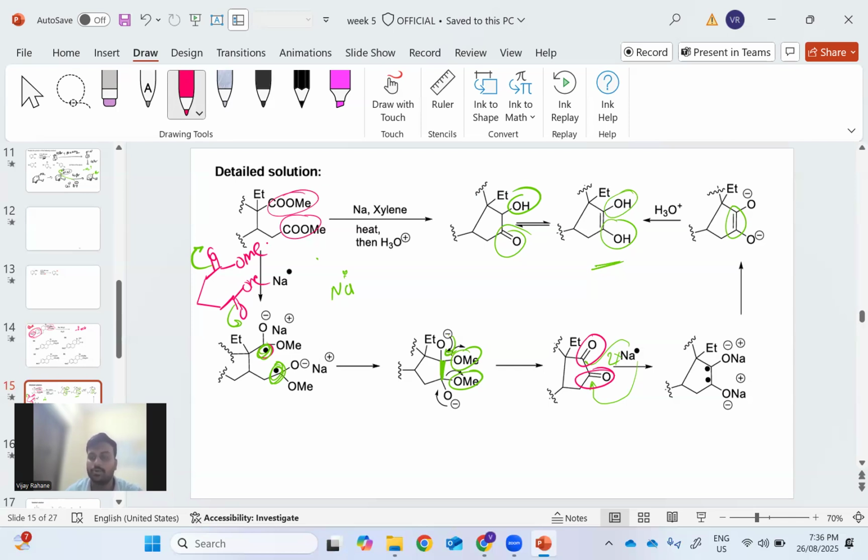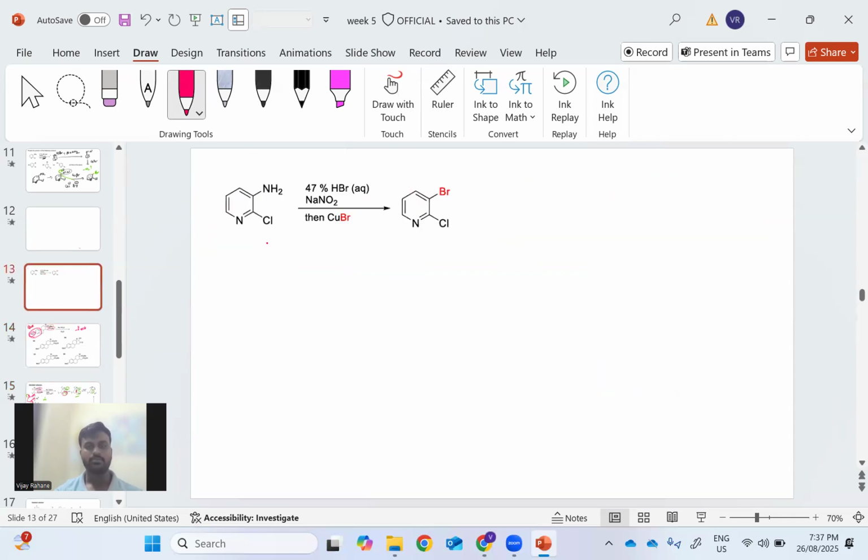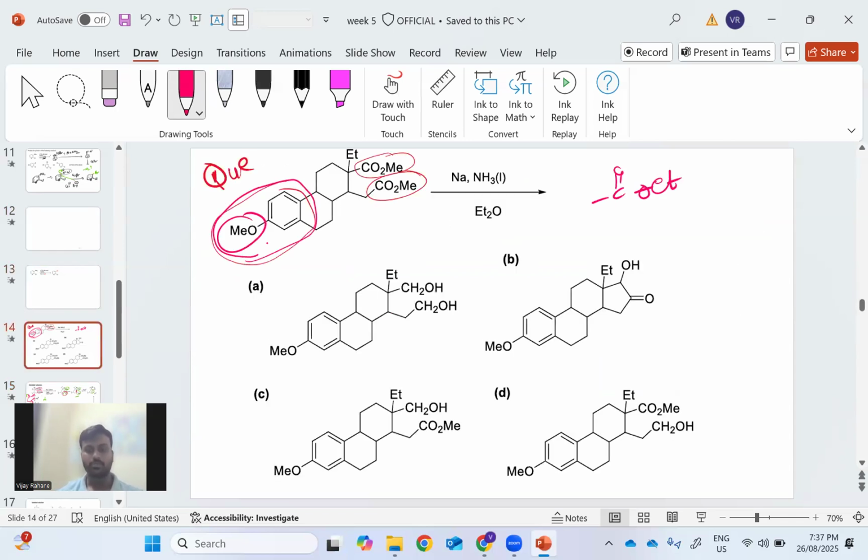Now this radical forms a bond between them, and once this bond is formed, it gets converted into the alcohol. This alcohol has the double bond in conjugation, so that can convert into the keto. One is the keto and one is the alcohol. So the product throughout this course is this one. Option B is the correct answer here.